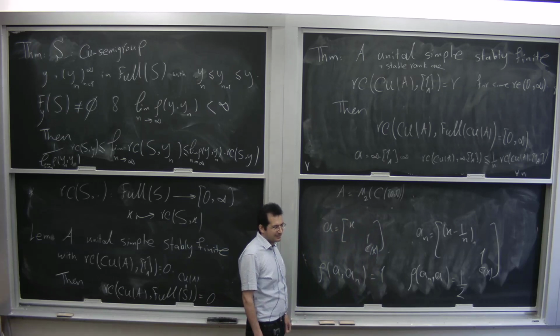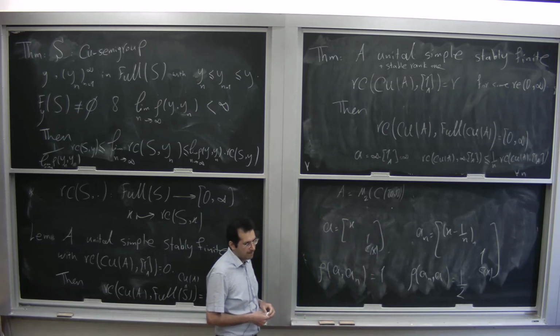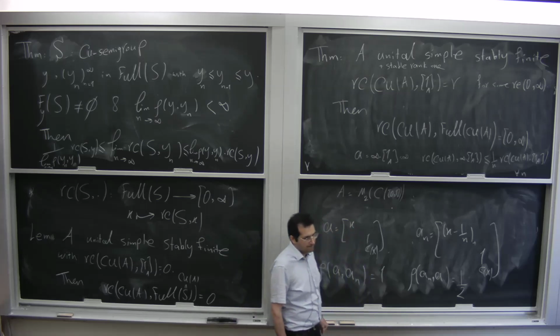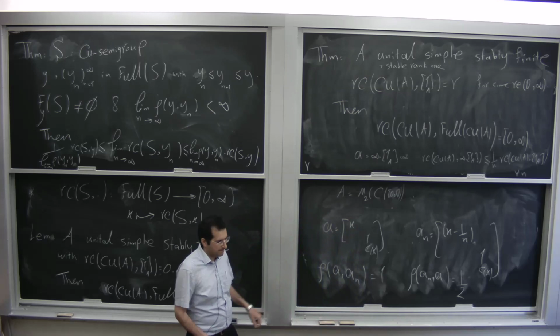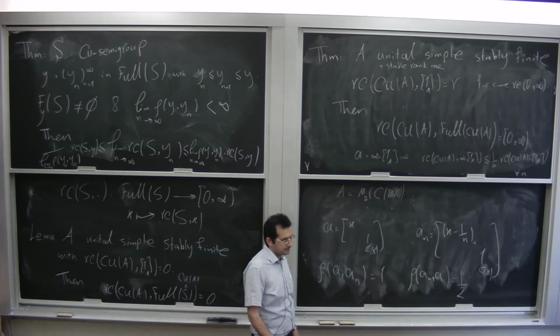If it's a finite non-projection element, then you can have a non-zero radius of comparison. But if it's the infinite element of the Cuntz semigroup, then it's always zero.